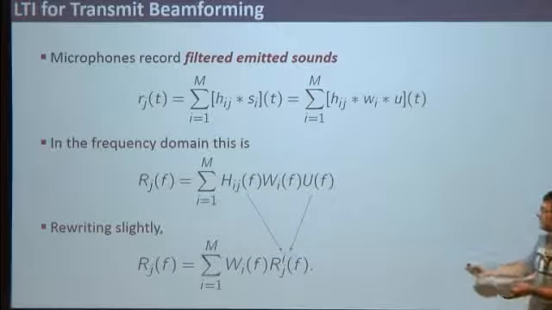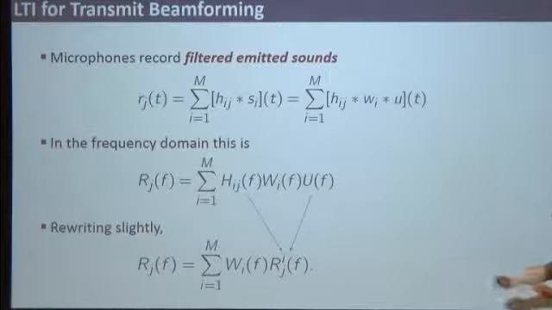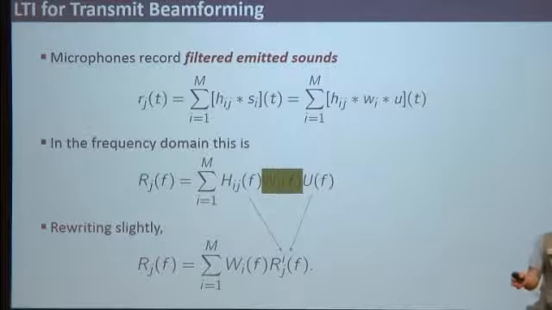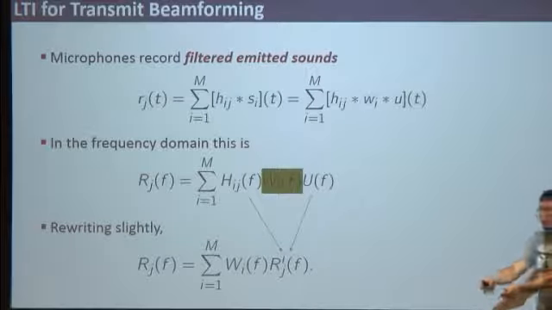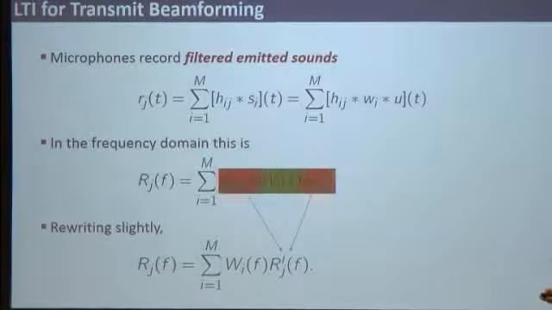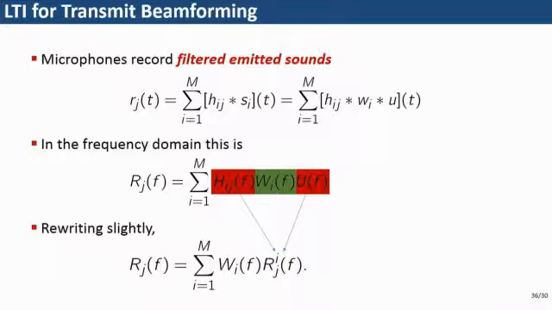Now look at this, it has two distinct parts. The first part is something that we know for sure. We know the beamforming filters because we designed them, so this is something we have stored in our device. And there is a part that we have to put physically into space and then measure, and it's this part here: how the ith source excites the jth microphone.